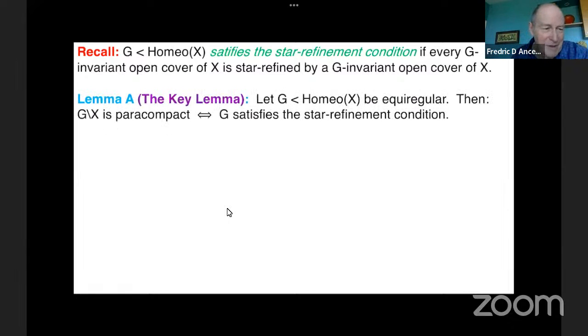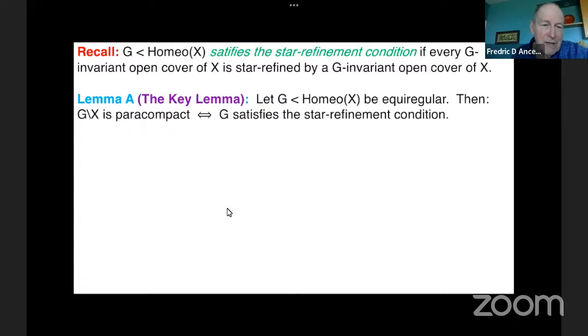So here's what I call the key lemma. If my group is equiregular, then I know that the condition that the orbit space be paracompact is equivalent to the group having this star refinement condition.